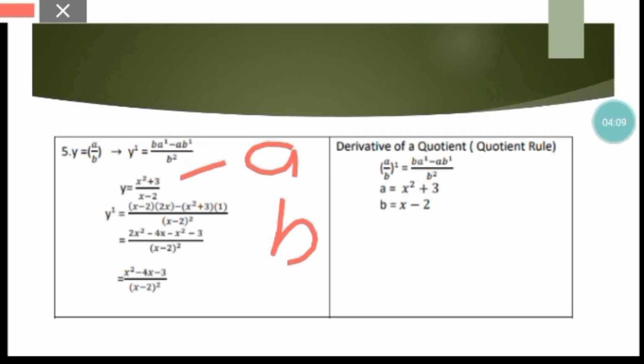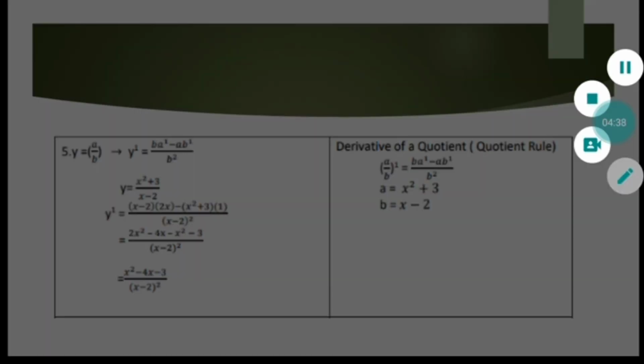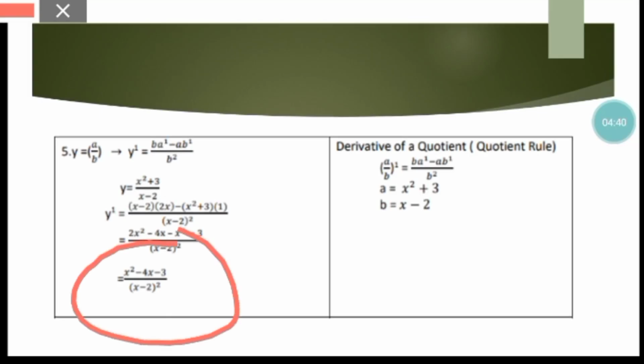Minus: in the product rule we use the positive sign, and in the quotient rule we use the minus sign. Then copy the numerator and find the derivative of the denominator, over the denominator squared, x minus 2 squared. Then simplify, and the final answer is x squared minus 4x minus 3 over x minus 2 squared.